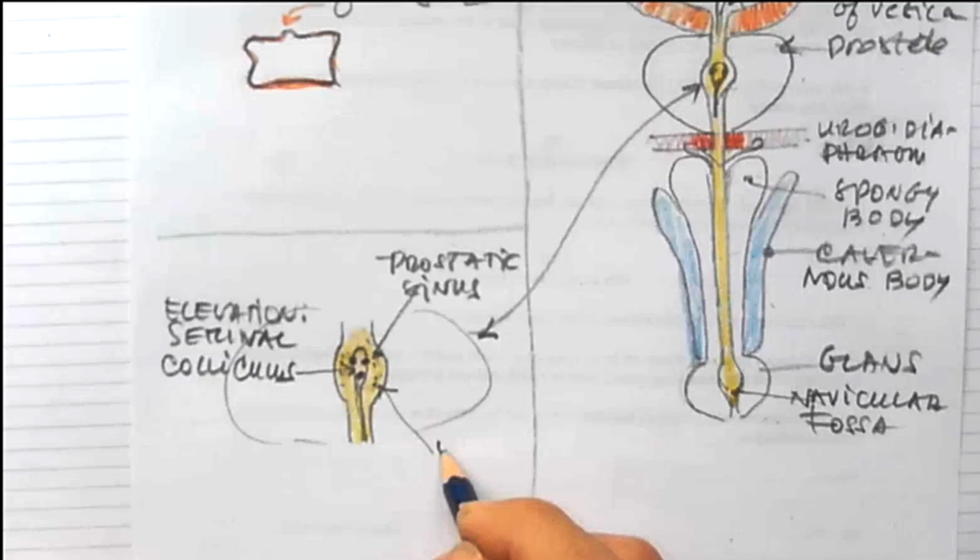And we said at the beginning, when we briefly described the development of the Müllerian duct and also the Wolffian duct, that this is the remnant of the Müllerian duct. That's it. And here this crest is called simply the crista urethralis, the urethral crest. So there are so many structures called crest.